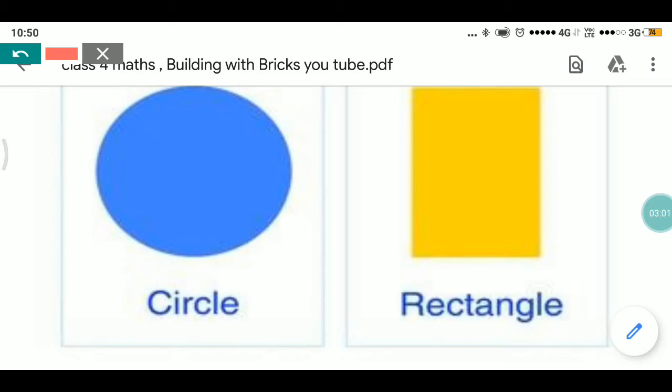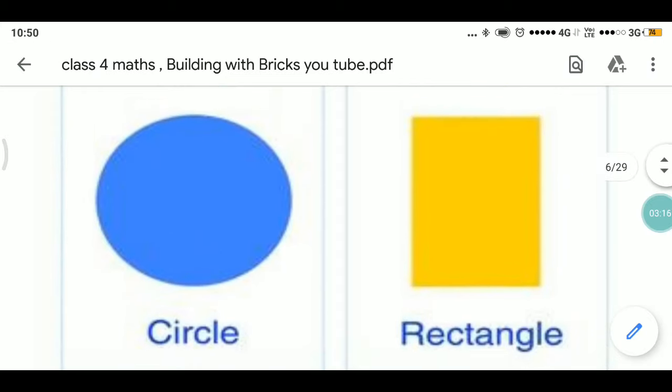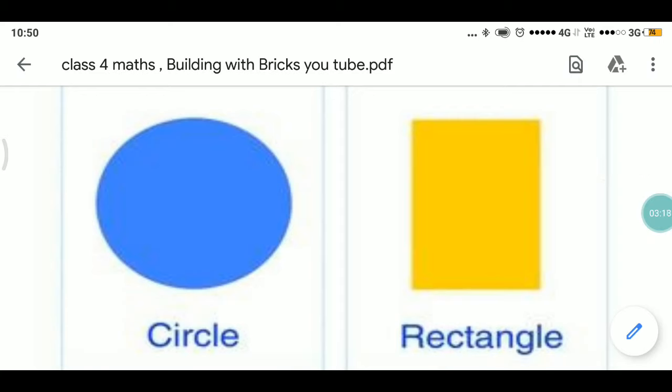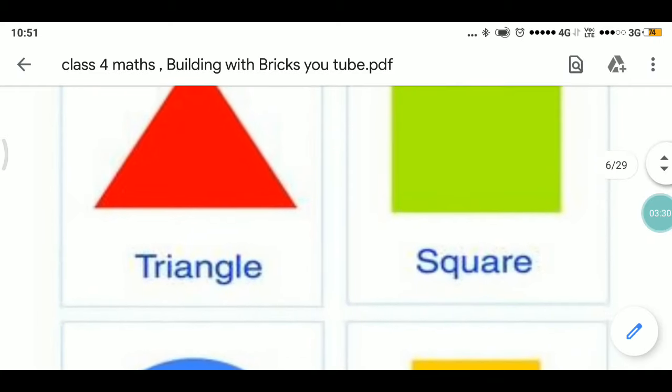The lengths of the pairs of sides opposite each other must be equal. Tables, boxes, books and a paper look like rectangles. A rectangle with all 4 sides equal in length is called a square.